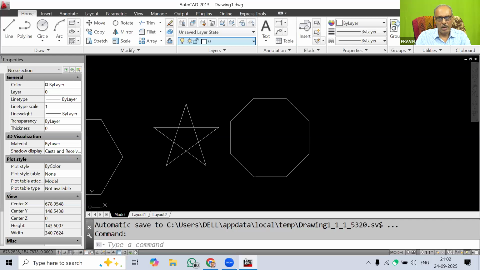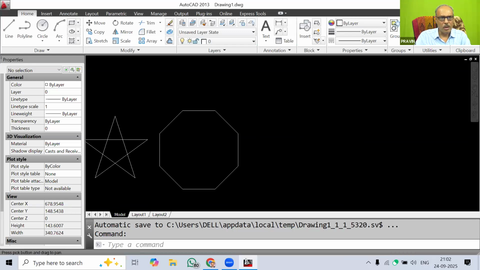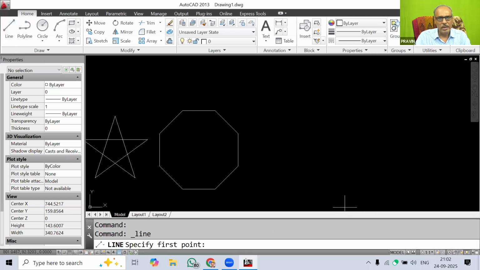One more example we will take here, for the 6-end star, so we can start the line command, and now we will draw. Here I have started. Now I have to imagine where I have to start, and accordingly you have to type the angle.